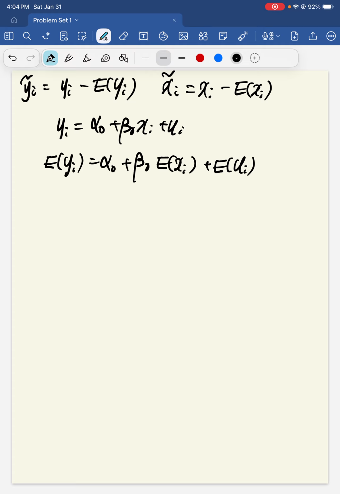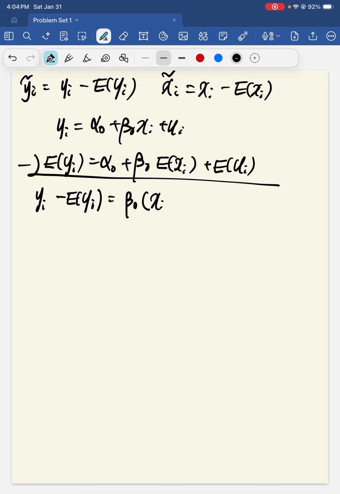Remember, we are not removing this. We do not assume it is 0. So the expectation of the error term could be non-zero. Does not matter. Let's take the difference. So yi minus expectation of yi equals alpha canceled out, beta 0 times xi minus expectation xi. Finally, ui minus expectation ui.